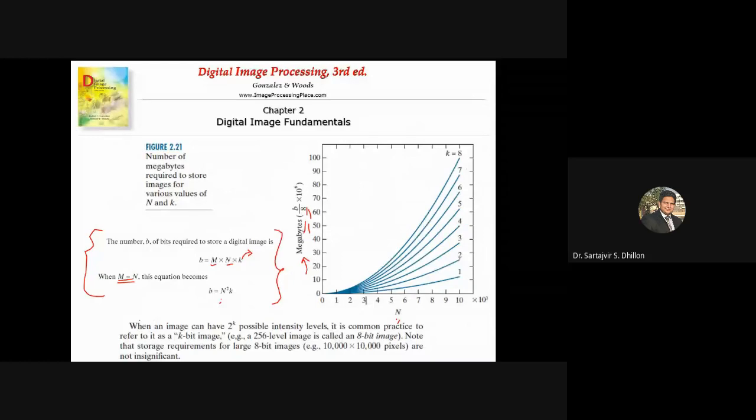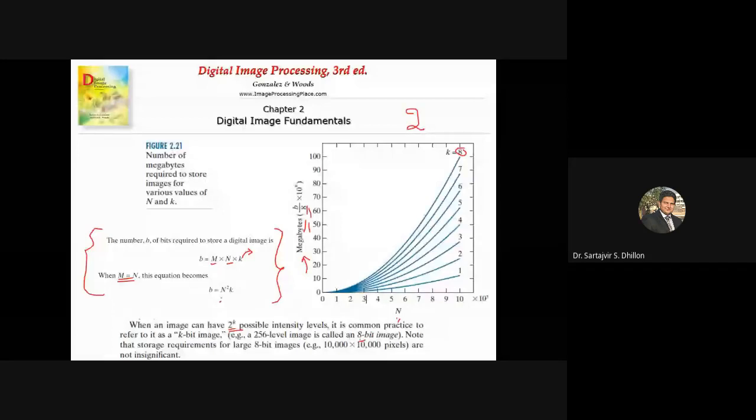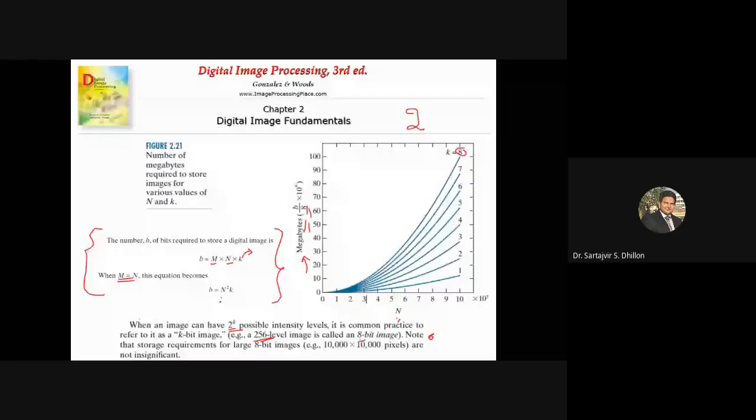For example, let us take k as 8. If it is an 8-bit image, then 2 raised to the power k, that is 2 raised to the power 8, equals 256 different gray levels, having a range from 0 to 255.